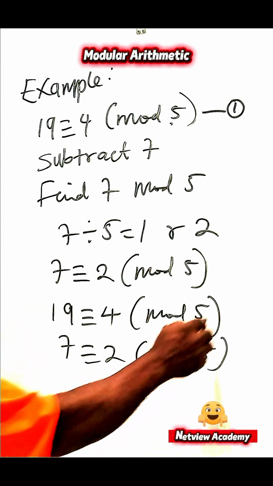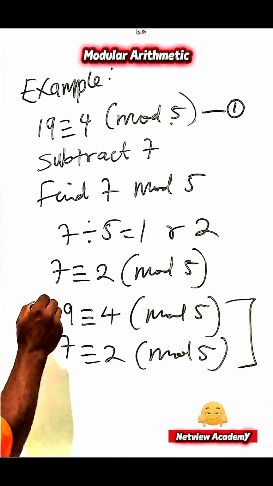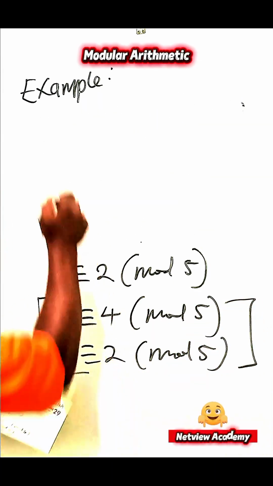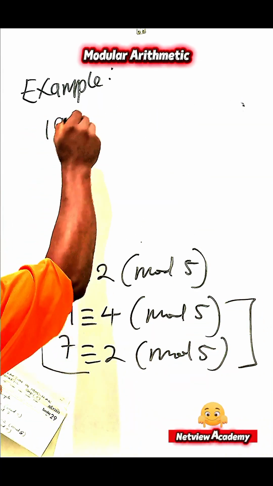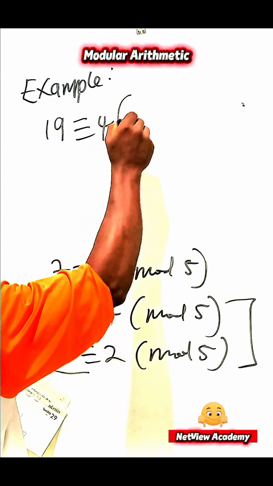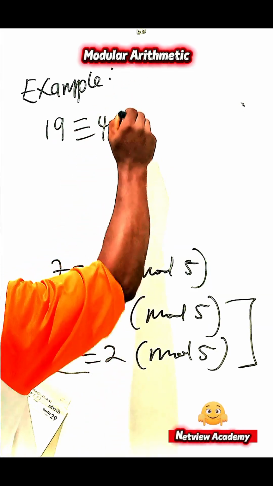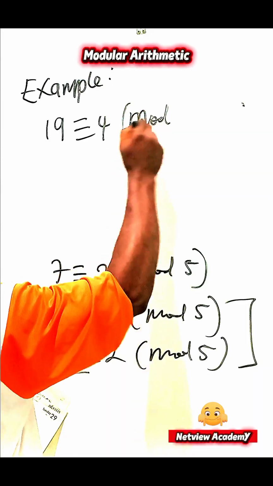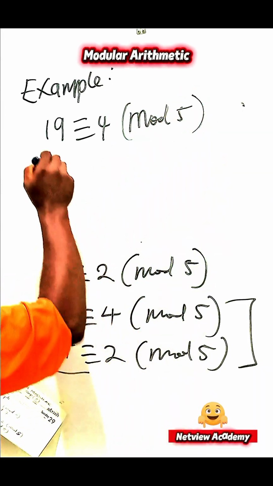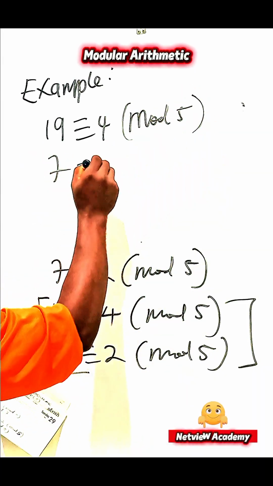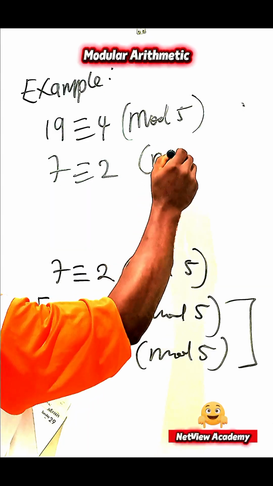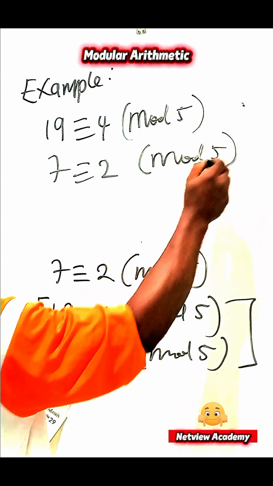So, I'm going to subtract these two values. So this becomes 19 congruent to 4 modulus 5. 7 is congruent to 2 modulus 5.